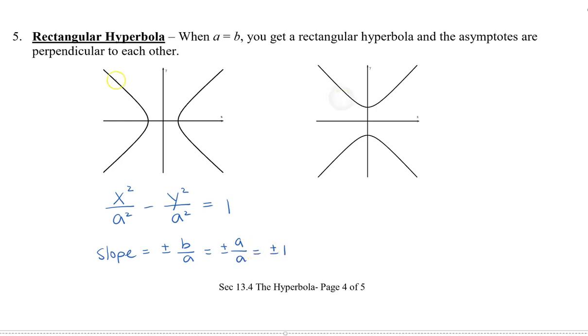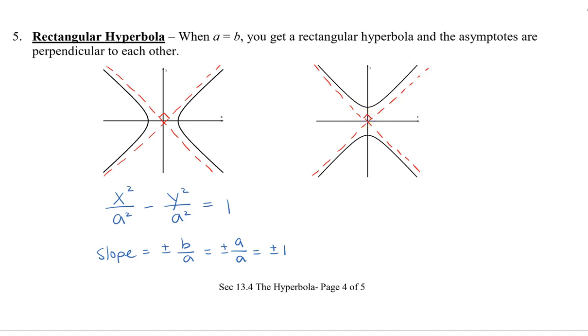So our asymptotes go through our center like before. And then the special feature is that they are perpendicular to each other. So whether they open left and right or up and down, we get the same thing happening, which is the asymptotes crossing each other at 90 degrees.